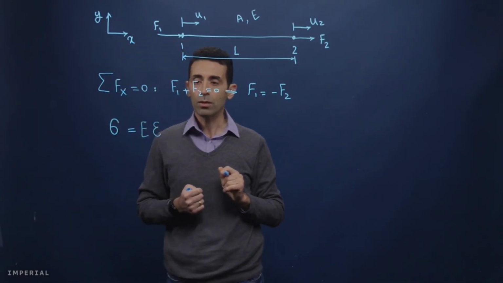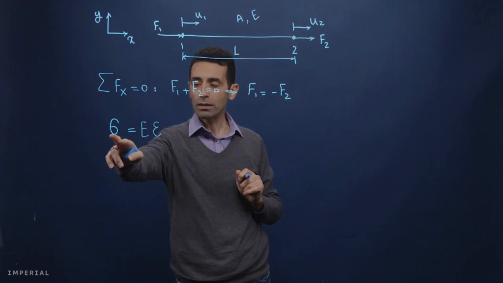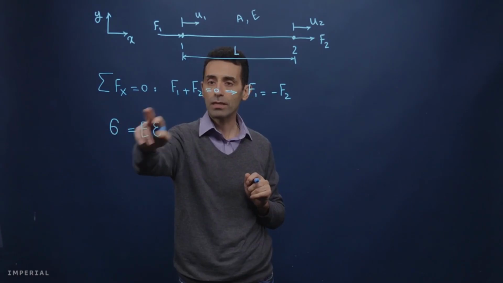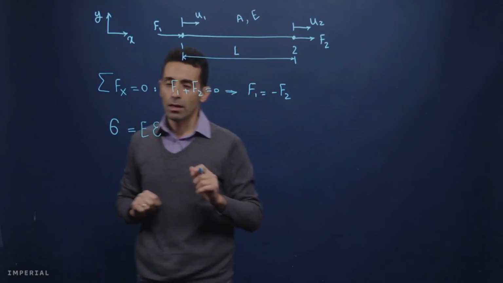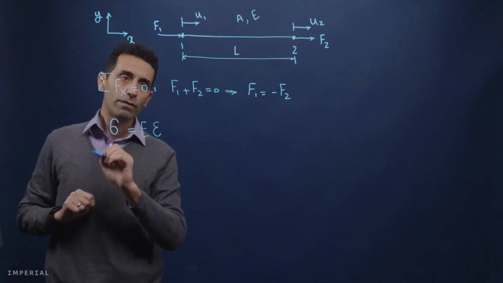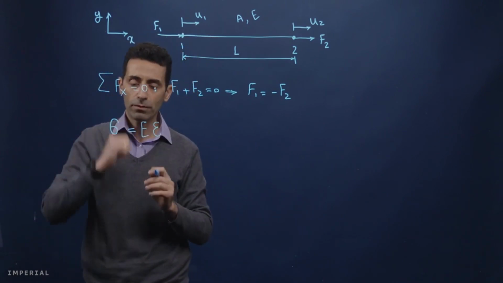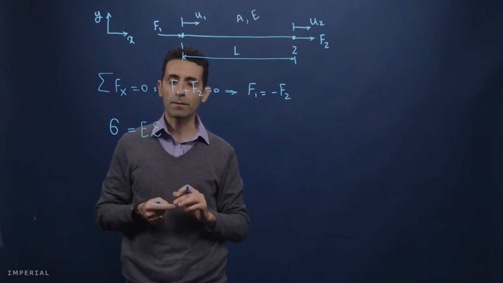All right, so we can now start defining the relationship between strain and displacement and stress and force. So for stress and force, we know that force divided by cross-sectional area will give us the stress.